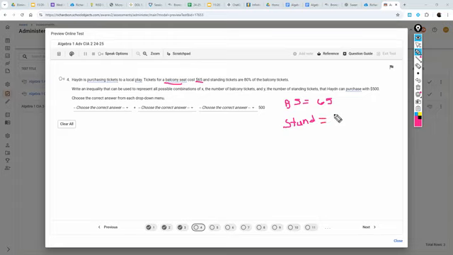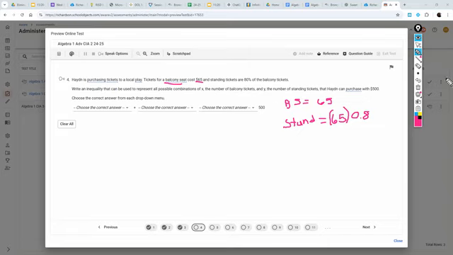So I know that to find standing, I'm going to have to do 65 and multiply it by 0.8, okay, to get my answer. Okay, I'm going to do that later. Write an inequality that can be used to represent all possible combinations of X balcony seats.